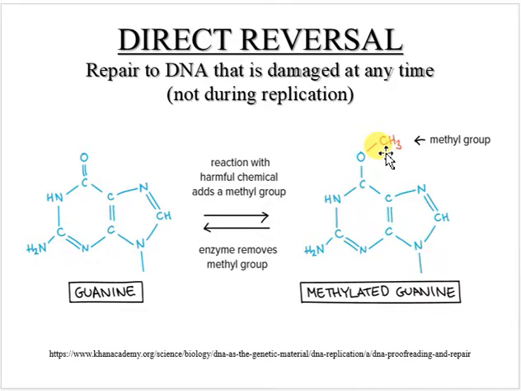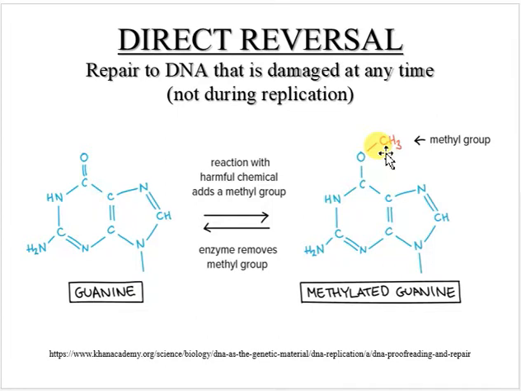So going back to those three mechanisms, the first one I said was photolyase. This deals with damage that occurs because of exposure to UV radiation. Well, all species are continuously exposed to UV radiation, so it makes sense that you have a direct reversal repair mechanism for that factor.